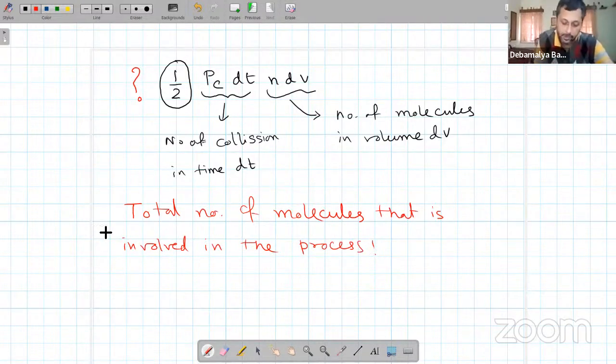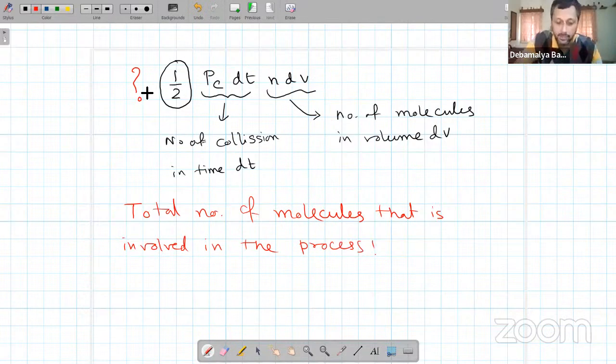This is where the half factor is important, because finally we are looking at either the molecular flux or a pressure expression, which is correlated with the molecular flux. So to get from the number of collisions to the actual number of molecules, we need this half factor into consideration.